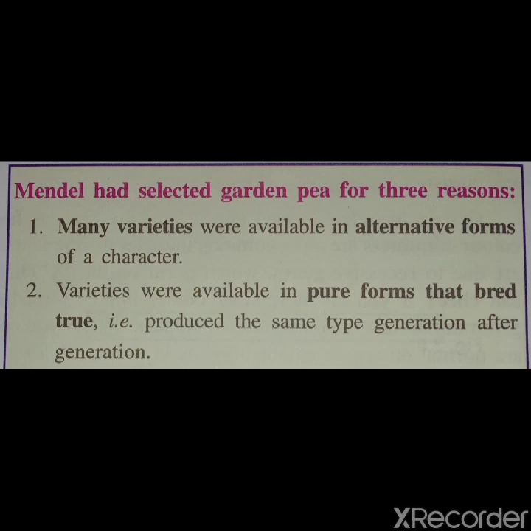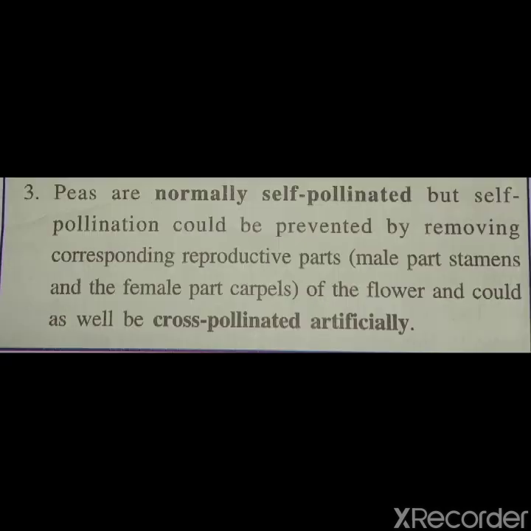Why was it so fascinating that Mendel had chosen pea plants only? Behind that there were three reasons. The first one: many varieties were available in alternative forms of a character. He saw many varieties in pea plants. Second, varieties were available in pure forms that bred true, that is, produced the same type generation after generation.